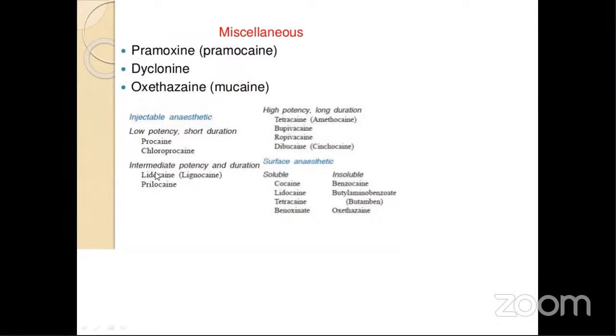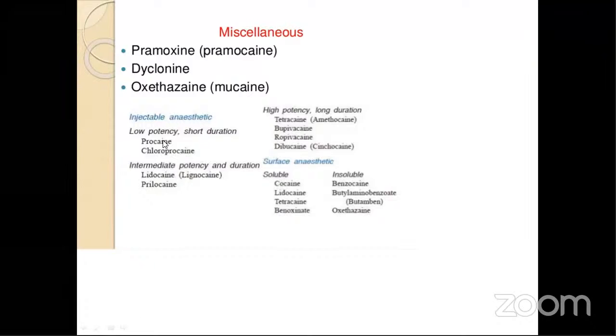Suppose you go by the site of administration, like injectable or surface type. Based on route of administration, some are injectable with low potency and short duration. In your GPAT exam or B.Pharm exam, multiple choice questions come on this. Anesthetics with low potency, short duration and injectable type: examples are procaine and chloroprocaine.